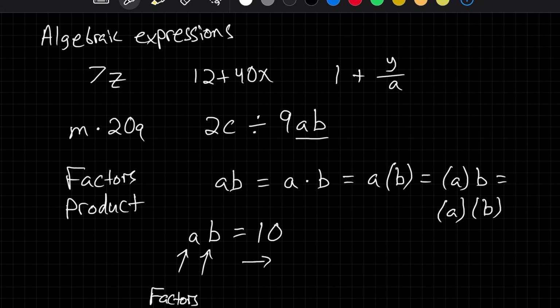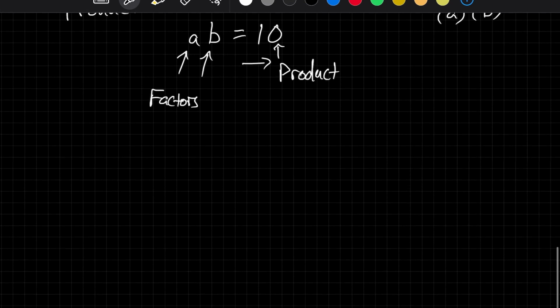And then to the right of the equal sign, this is called a product. So the product is basically like the answer. Okay, now let's move on.